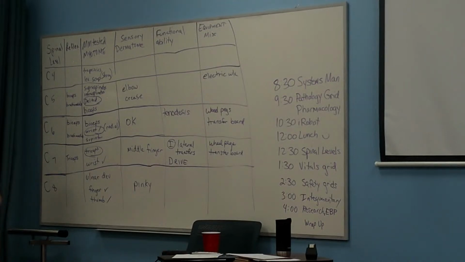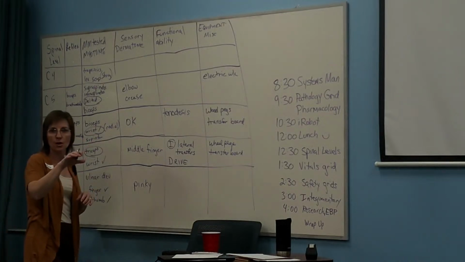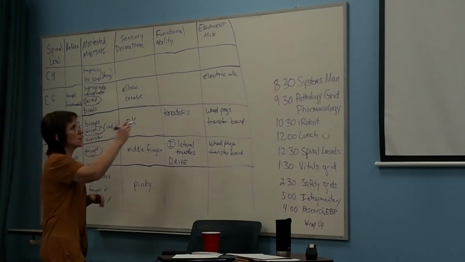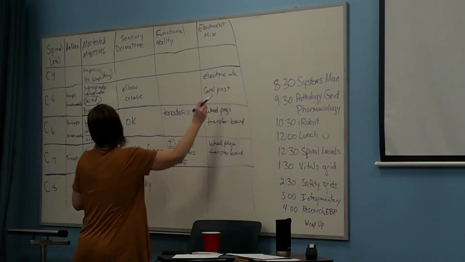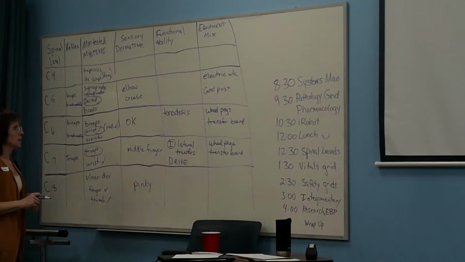So it's going to have to be a goalpost, probably not a sip and puff, because they can at least move their shoulder, but they're going to have to learn how to drive with their shoulder muscles, rotators, deltoids. So you're going to have an adaptive driver, like I'll say goalpost, and really for many of these because they really can't grab that.